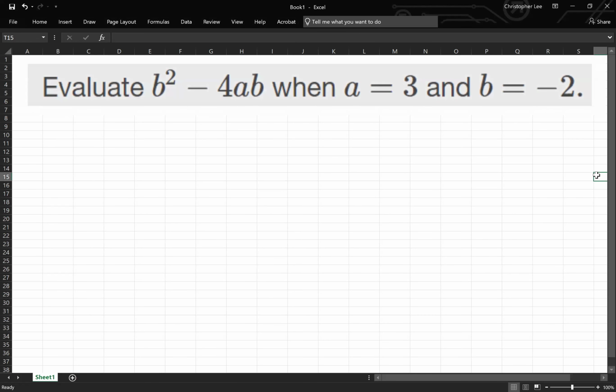So I want to evaluate b squared minus 4ac when a equals 3 and b equals -2. Tell me what to write. Very good.